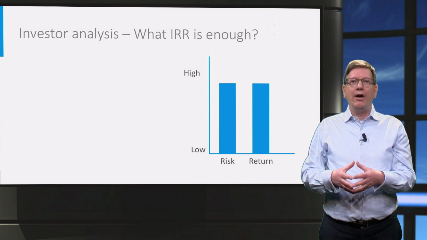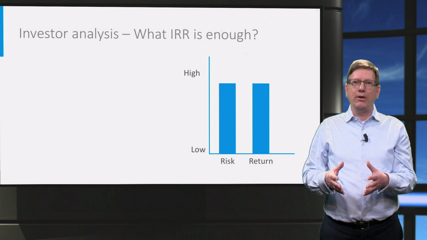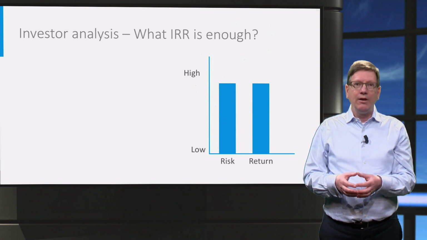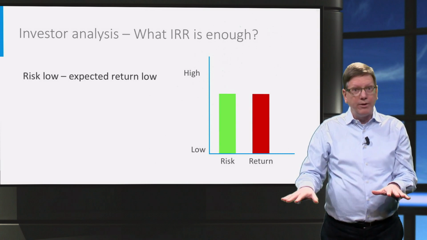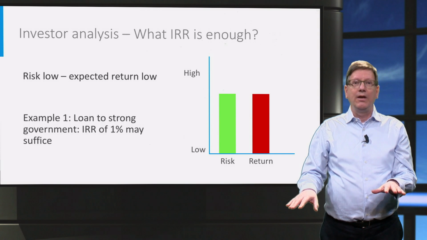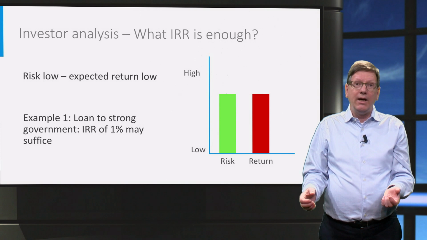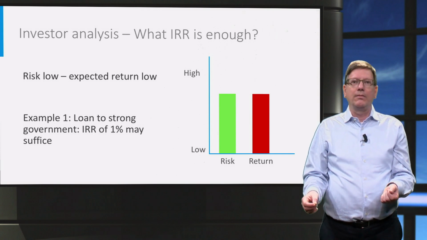A few remarks on the IRR and on what return is enough to attract an investor's money. Here we need to realize that there is a direct relation with the investment risk. The lower the risk, the lower the expected return. If we are lending to a strong government, the risk will be low and investors may be happy with a return of only 1%.